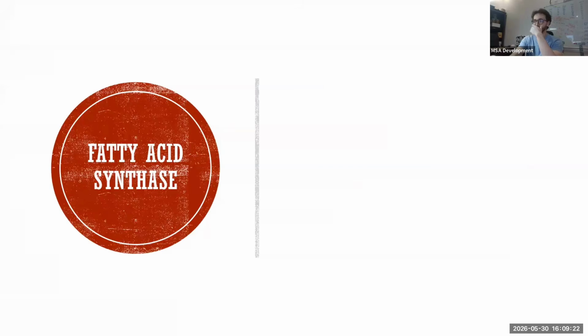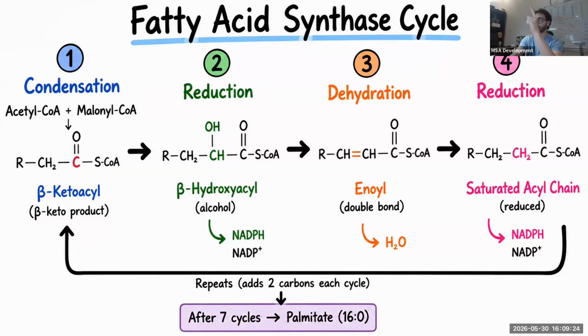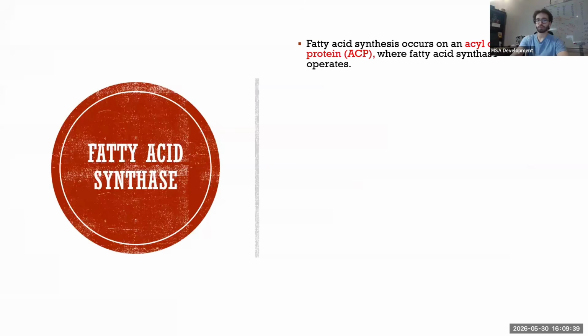So fatty acid synthase. Now, something important I want to note about fatty acid synthase. Remember how we said acetyl-CoA carboxylase needs biotin? Fatty acid synthase needs NADPH. Memorize it. It needs it or it won't work. Fatty acid synthase does the reactions on something called an acyl carrier protein.